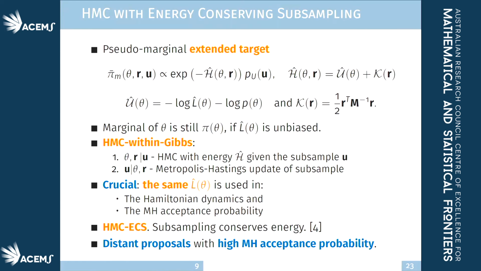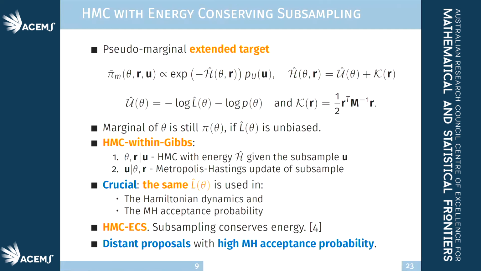And our scheme is to do Hamiltonian Monte Carlo within Gibbs. That means we generate theta and r using Hamiltonian Monte Carlo given u. So given a subsample of 1,000, we use Hamiltonian Monte Carlo to generate theta and the momentum. That's just like ordinary HMC, but now on a subsample. Then we generate u using a Metropolis Hastings update, like a pseudo-marginal step.